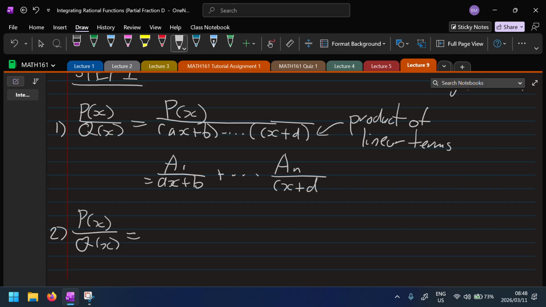For example, maybe the first one is repeated twice, so we can write it as AX plus B squared, because there are 2 of them next to each other. Maybe the second term is repeated 3 times, so it would be CX plus D cubed.